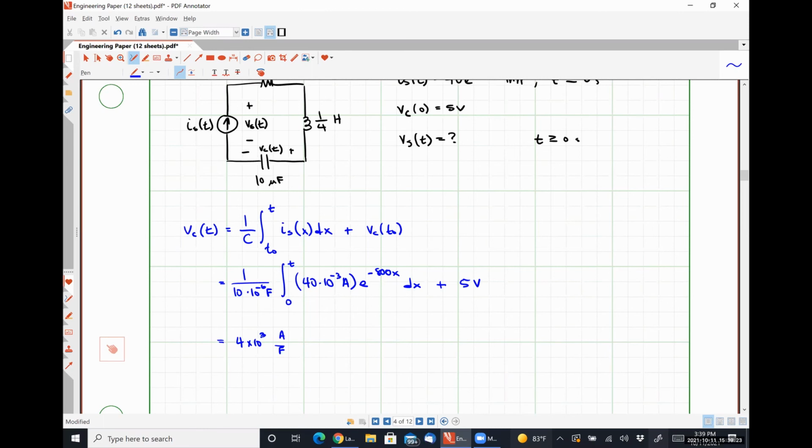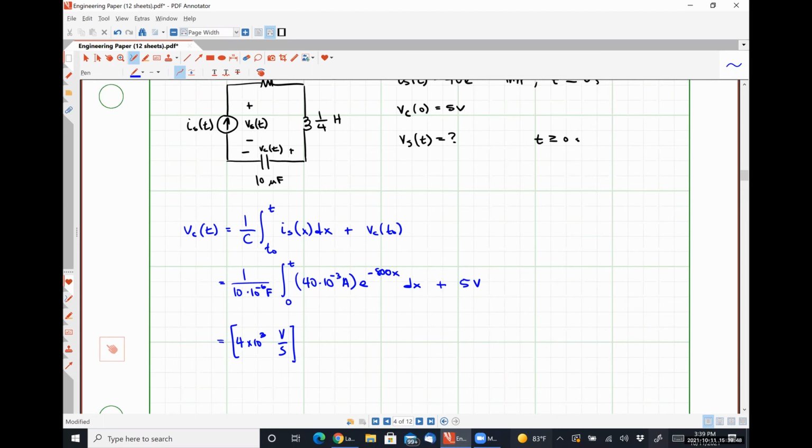Seconds over volts, I disagree. A farad is an amp second per volt, right? So amps per farad is volts over seconds. All right.